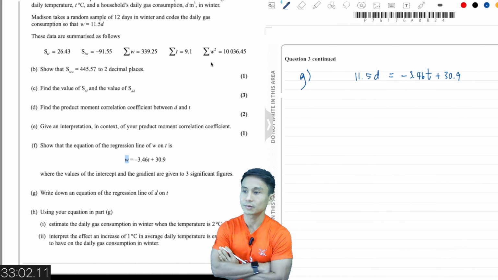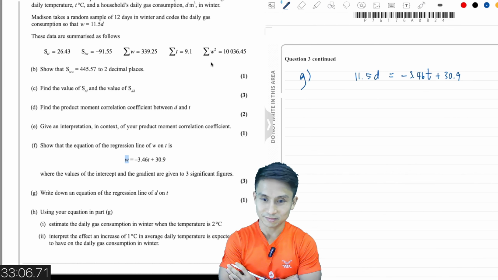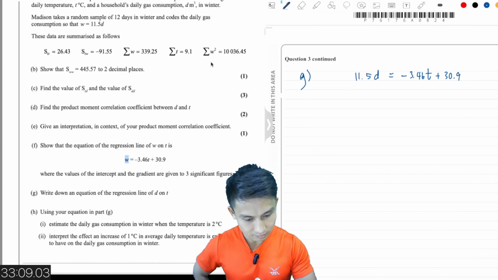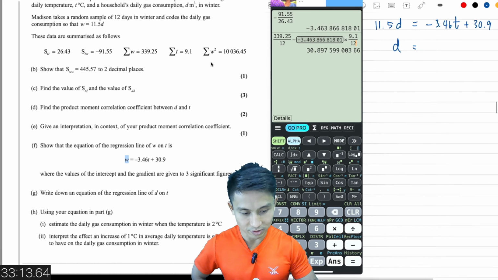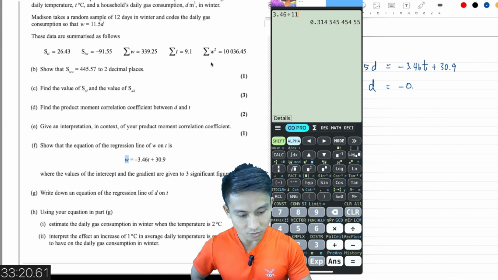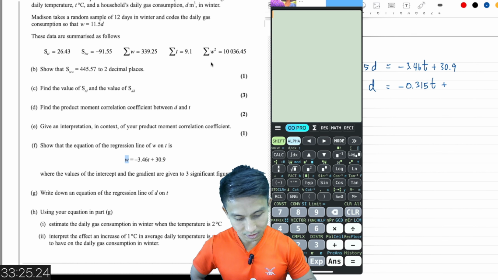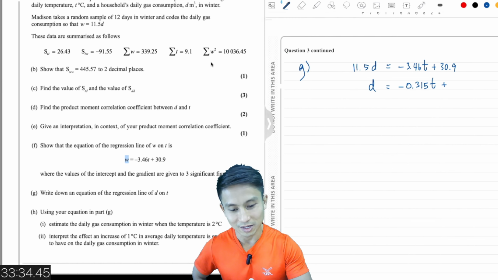Then we just make D the subject. So if you divide every term by 11.5, 3.46 divided by 11.5, we get minus 0.315T plus 30.9 divided by 11.5. Wait, hang on. Did I divide 3.46 by 11.5? Ah, almost.